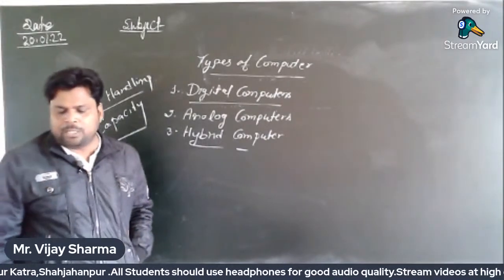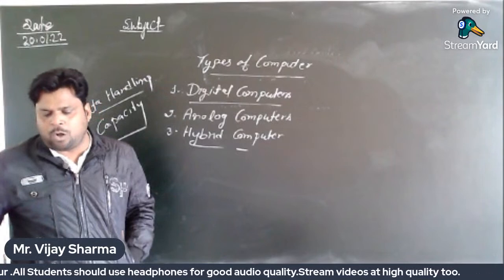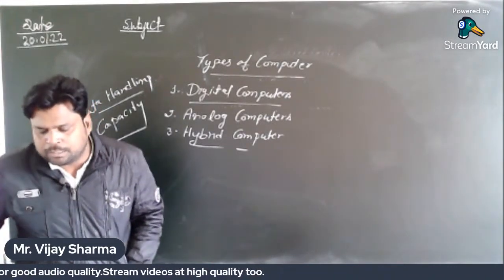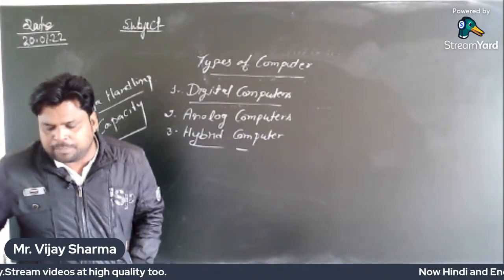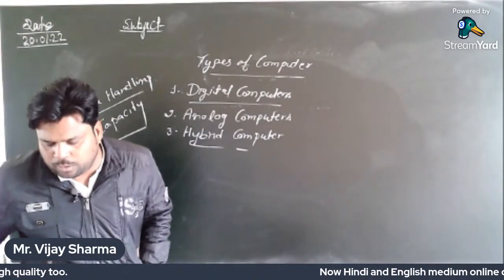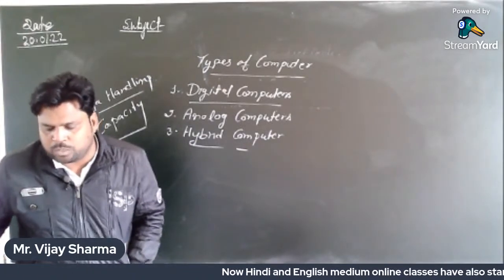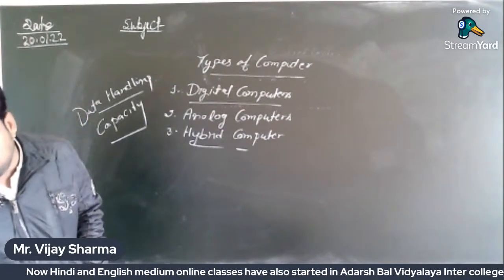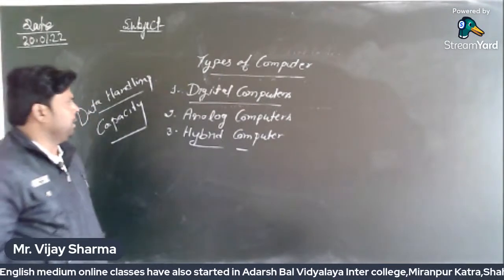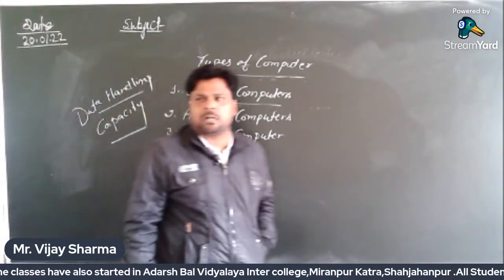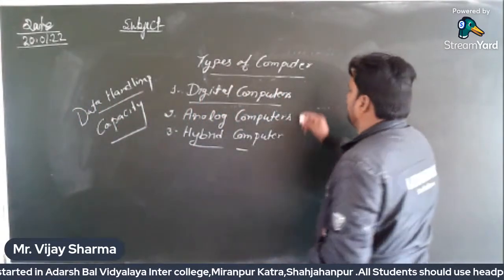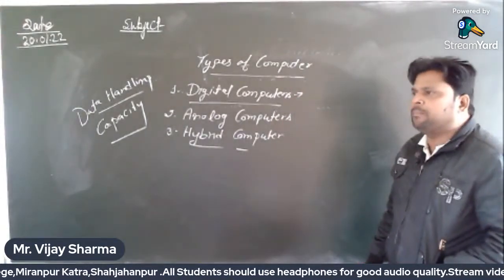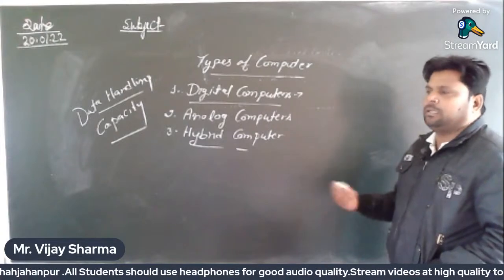A digital computer is designed to perform calculation and logical operations at high speed. It accepts raw data in digits or numbers and processes it with a program stored in its memory to produce output. All modern computers like the laptops and desktops that we use at home and office are digital computers. In simple words, digital computers are used to do calculations, logical statements, logical problems, and many other simple problems.